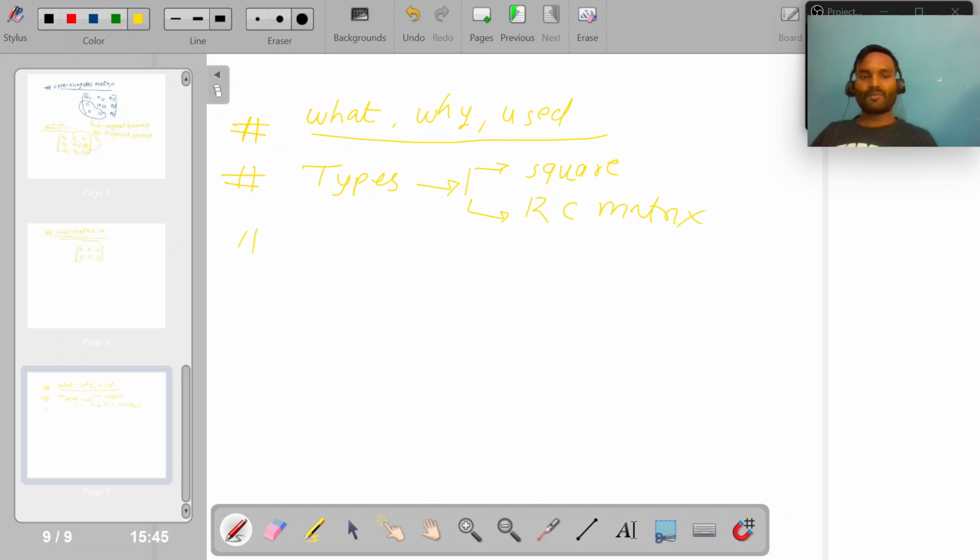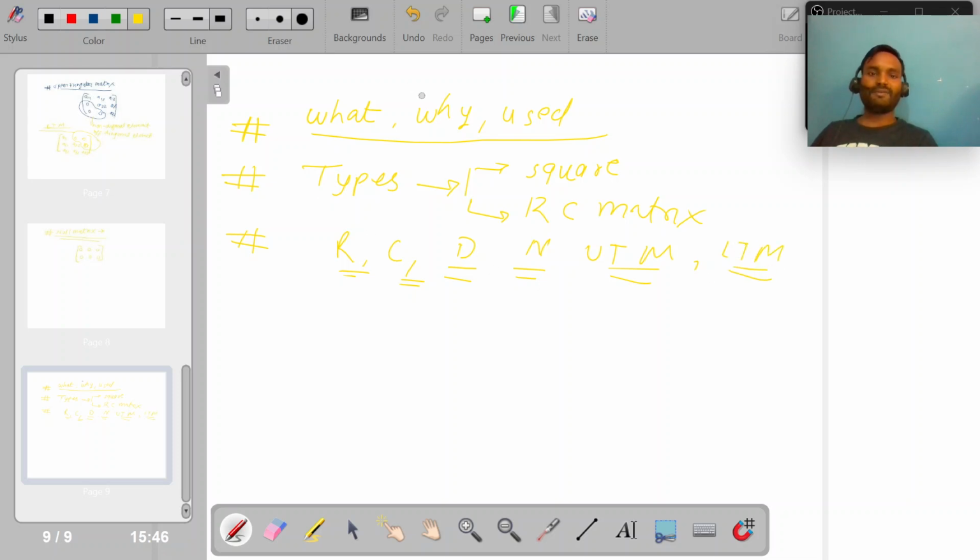And some other types of matrix: row matrix, column matrix, diagonal matrix, null matrix, UTM matrix and LTM matrix, right?